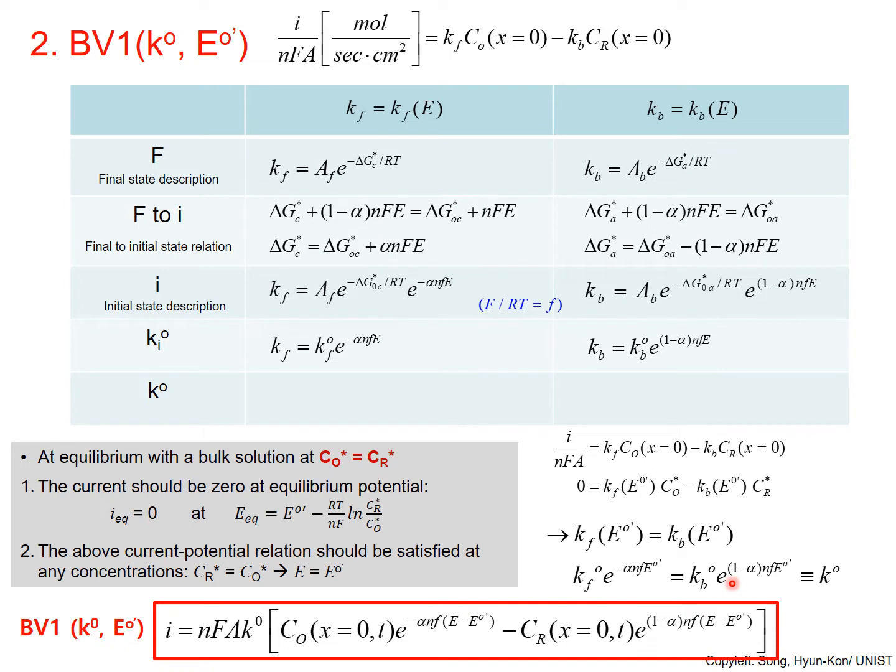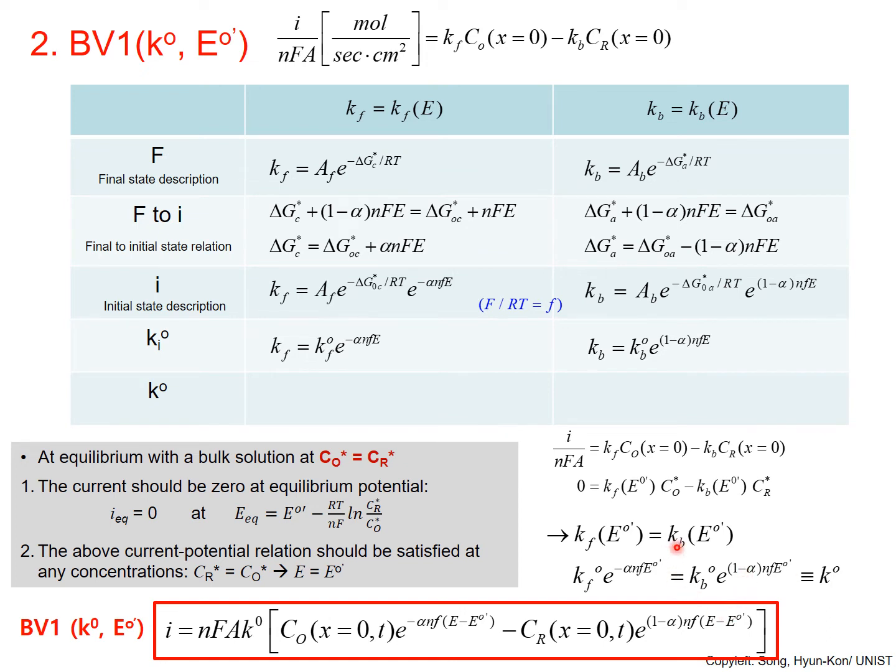Then let me define those two descriptions for the forward reaction and backward reaction as the k0, which is called the standard rate constant. Again, standard rate constant. Then right now, Kf0 can be described by k0 with exponential function of plus alpha f E0 prime, because I'd like to shift this one into the right side of the equation.